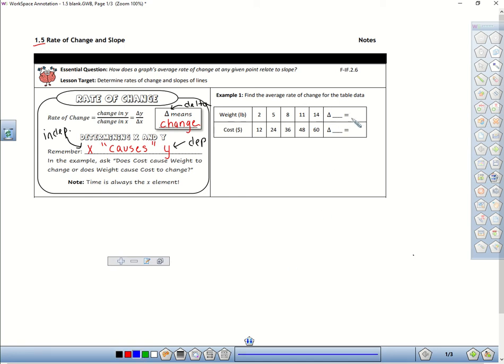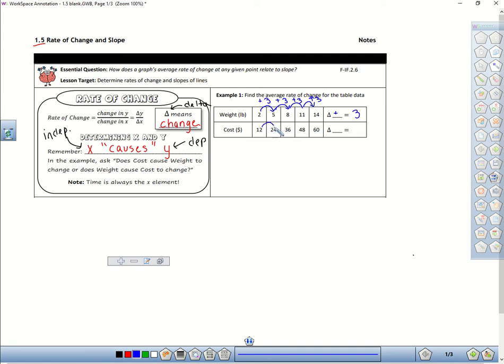Example 1, find the average rate of change for the table data. So if we look here, every time we're adding 3. So my change in y is plus 3.